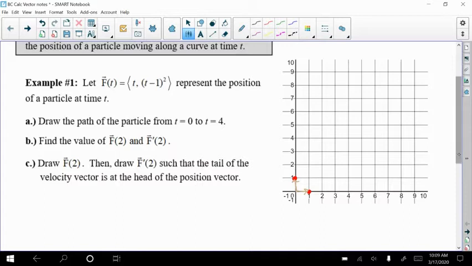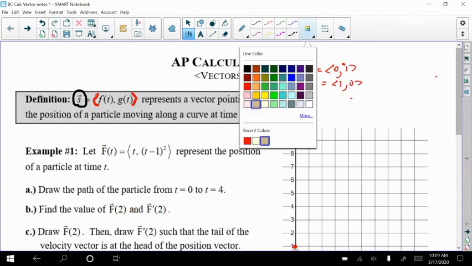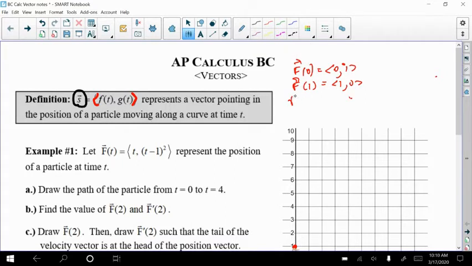So there's that vector. And then let's look at the position vector when t is equal to 2, and we'll do a couple here in a row. So then that would be 2, 2 minus 1 is 1, 1 squared is 1. I could do the vector at 3, and I should probably be good in terms of my notation.